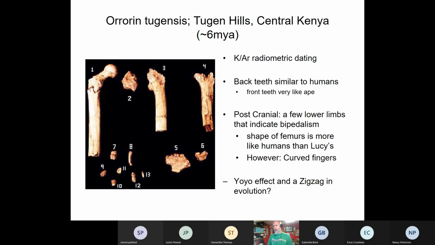This creature, the Auroran tugensis, is actually thought to be more similar to humans than Lucy, who is an Australopithecine, which we're going to talk about in a minute. And this being an older creature than Australopithecines, who are about 3.5 million years ago, it indicates that there's some sort of yo-yo effect, that somehow Auroran is closer to us but older, and so there's some sort of bouncing like a yo-yo up and down the fossil record.